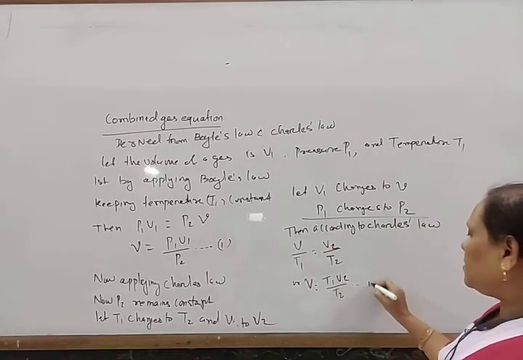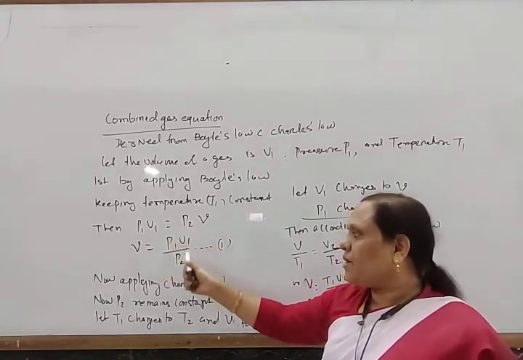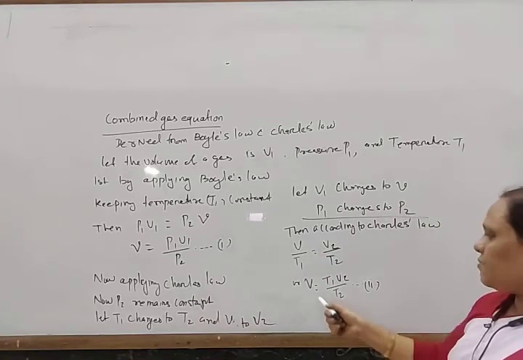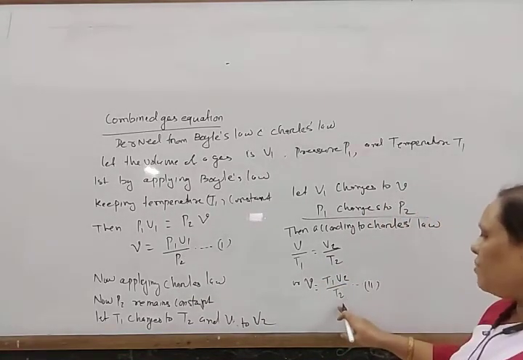This is equation 2. In the first equation, small v equals P1 V1 by P2, and in this equation, small v equals T1 V2 by T2.